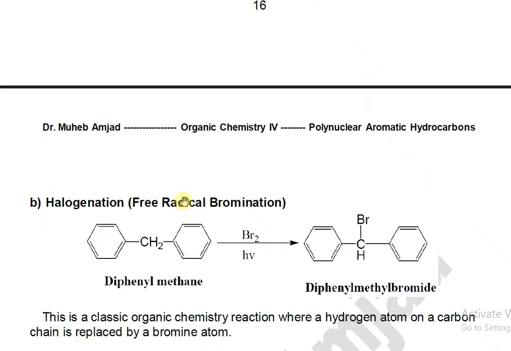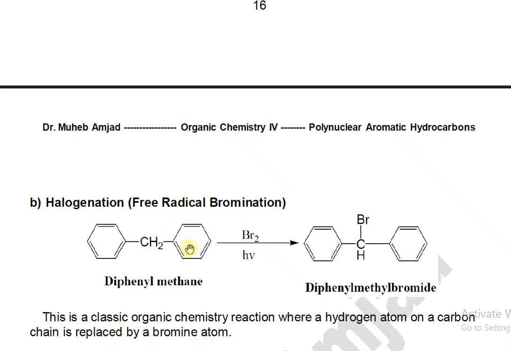Halogenation, you know, there are two types of halogenation. Halogenation by using Lewis acid, and halogenation by free radical reaction in UV light or heating. So if bromine reacts with the hydrocarbon in UV or heating, that means it is a free radical mechanism, and the substitution will happen on the aliphatic part, not on the aromatic part.